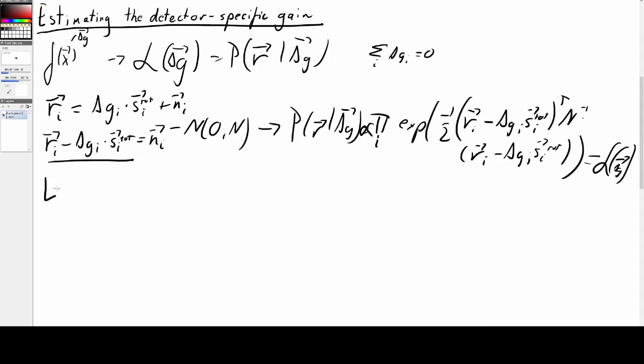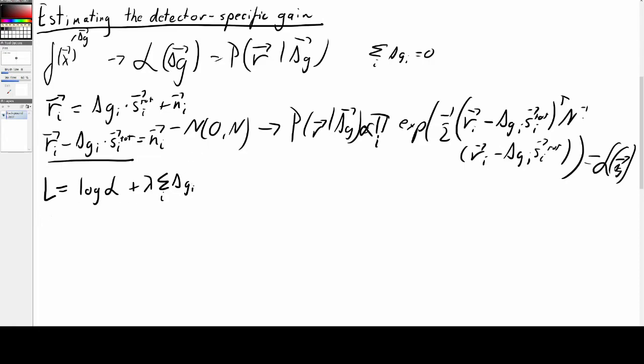So our Lagrangian is going to be the log of this. And the reason we do that is because it's a lot easier to differentiate the log than it is to differentiate this function itself. And then we add, again, this constraint. Oh, sorry, not over G, but over i, delta G i.